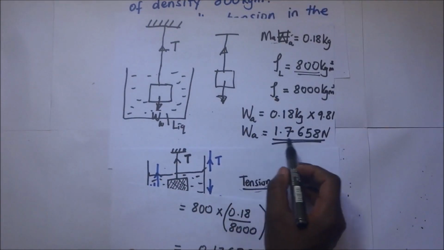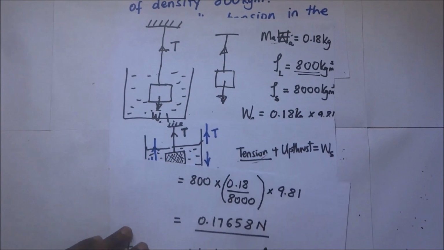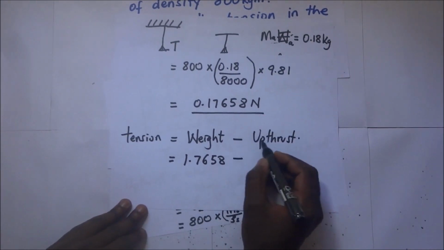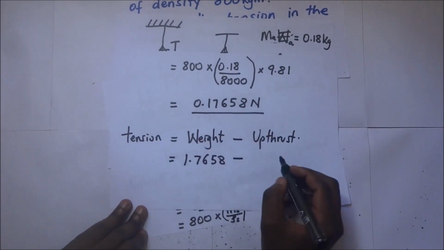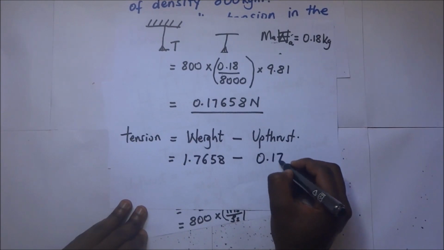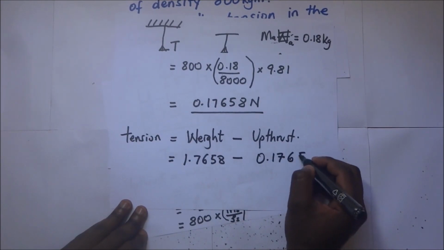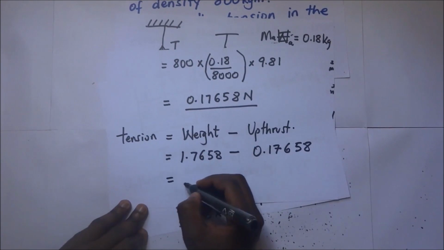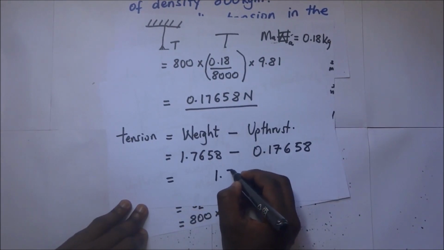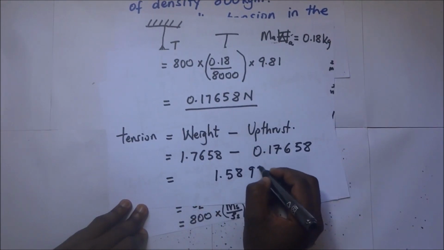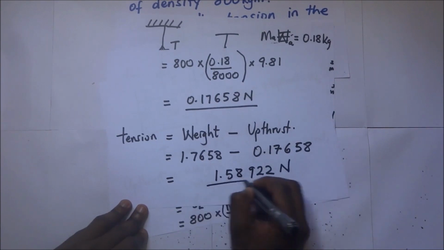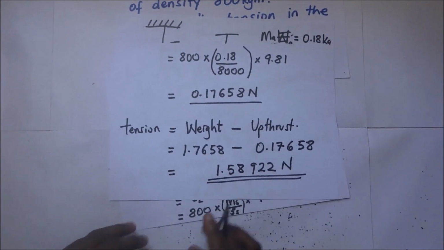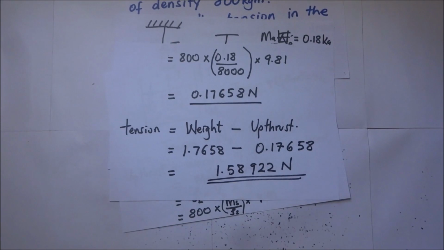This is the weight we got earlier, 1.7658. Subtract from the upthrust, which we've just gotten here as 0.17658. And when we subtract those two, we shall end up with 1.58922 newtons. And that is the tension experienced in the string.